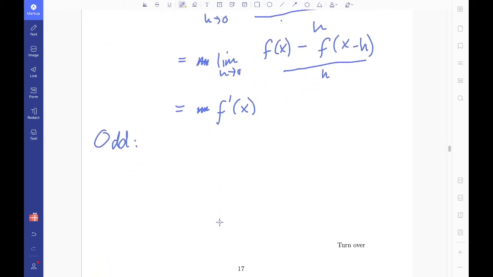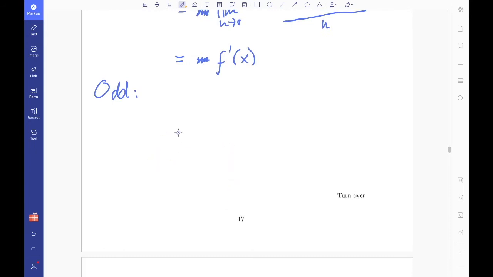Okay. I think you can also argue it using the idea of tangents and the symmetry of this graph. So let's imagine that we had an even function. So let's say we had something like that. That's even, right?